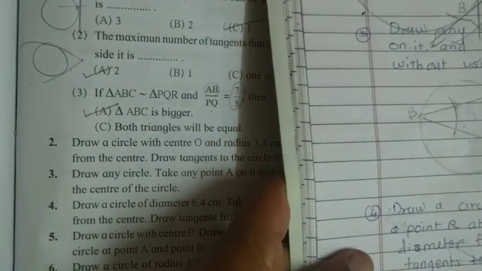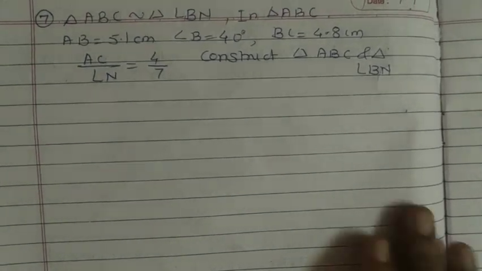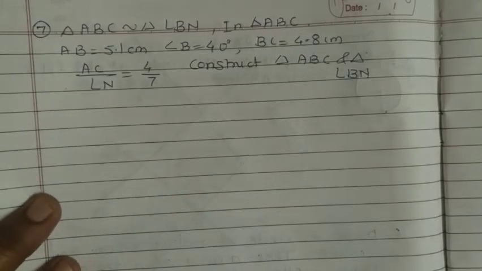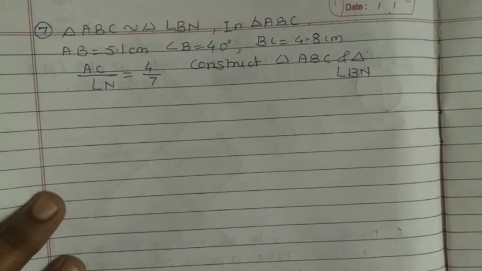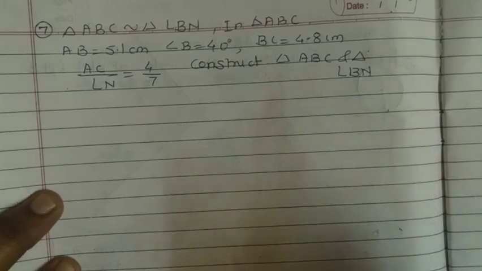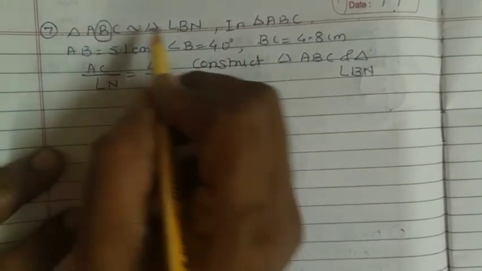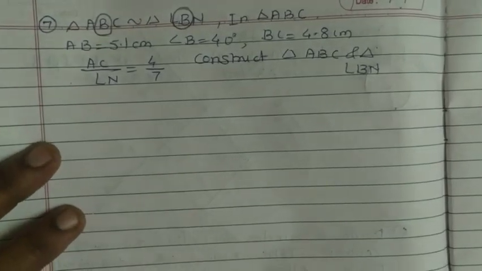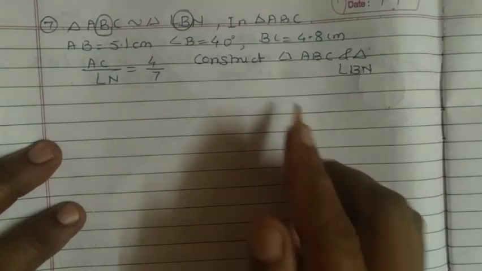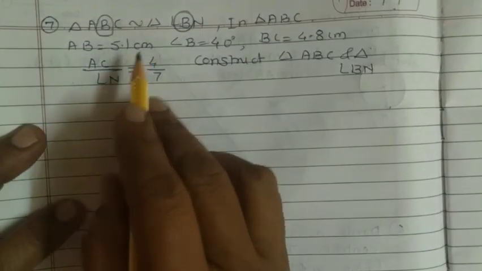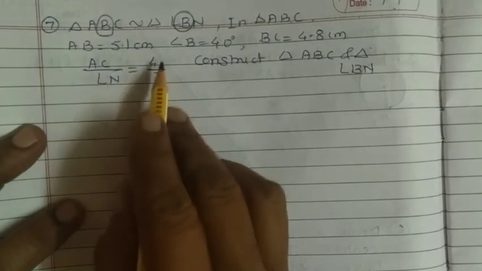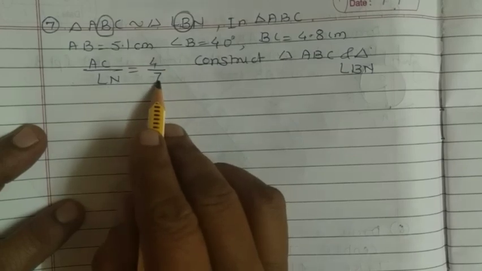Now we are constructing the next question, that is our similar triangle. What is the question given? Triangle ABC is similar to triangle LBN. Here also this vertex B is common. Now what is given? Triangle ABC is given. AC upon LN is 4 upon 7.